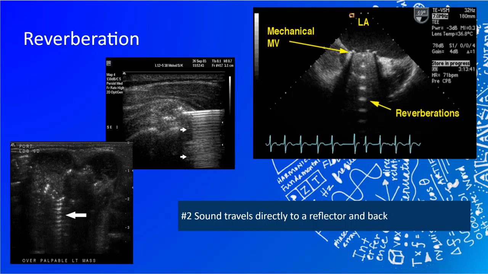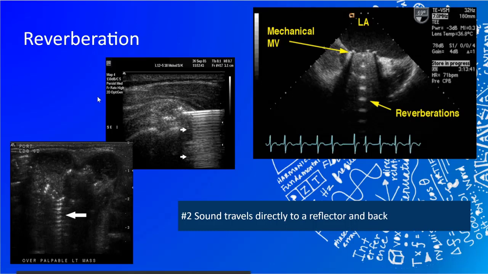Typically, the first 2 reflectors are going to be your real reflectors. After that, it's all artifact. As we look at the artifact, we're going to see that the echoes are going to decrease in brightness with depth of the picture. And a lot of people kind of think this looks like a ladder.